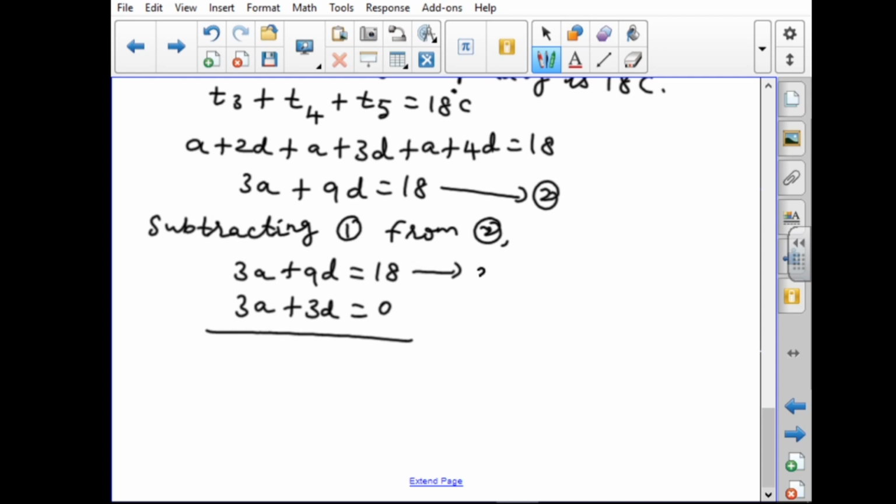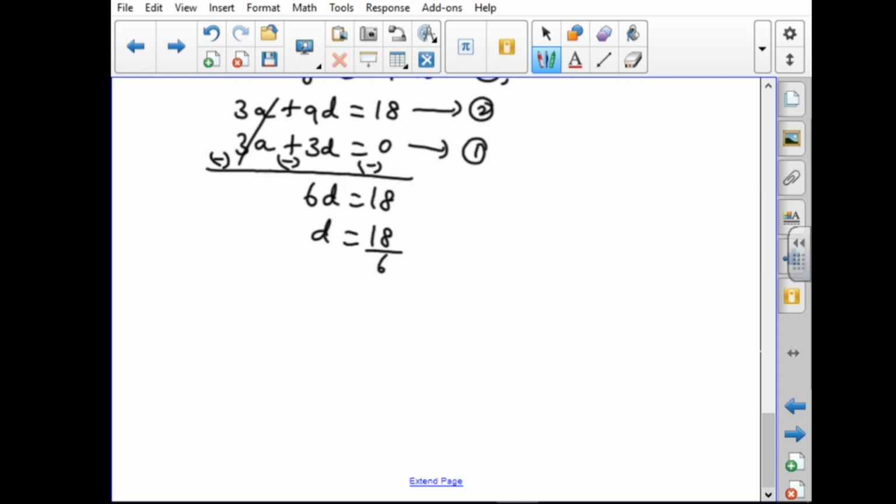Subtracting equation 1 from 2, we have to change the sign. So 3A will be cancelled. 9 minus 3 is 6D equal to 18. D equal to 18 by 6. So D equal to 3. We have got the value of D equal to 3.